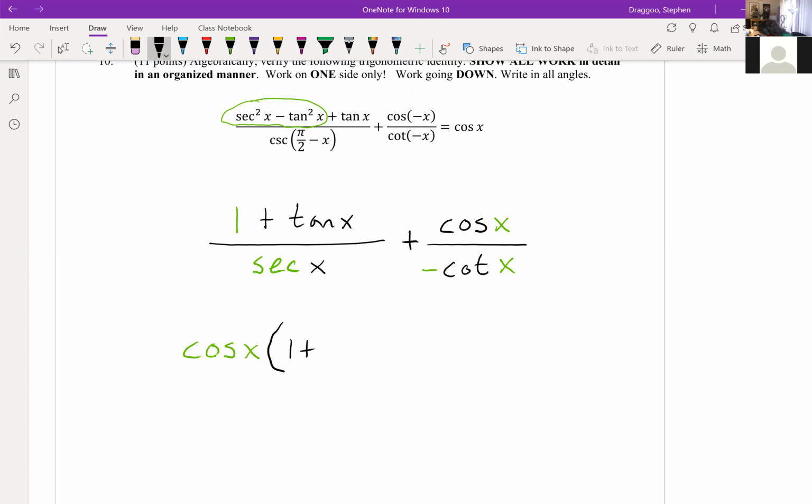Times 1 plus tangent, plus, oh wait, this will be minus on the other side, cosine x times tangent x, since that's the reciprocal of cotangent. So it's cosine and secant are the two even functions. So they're the ones where a negative x doesn't matter.